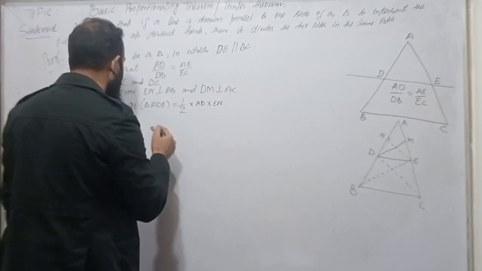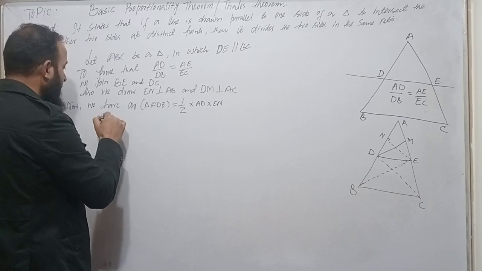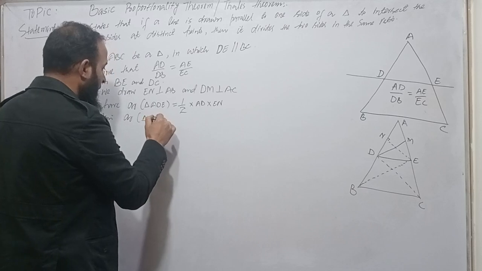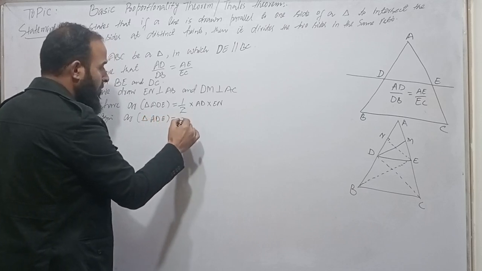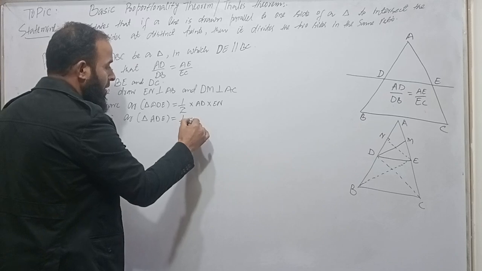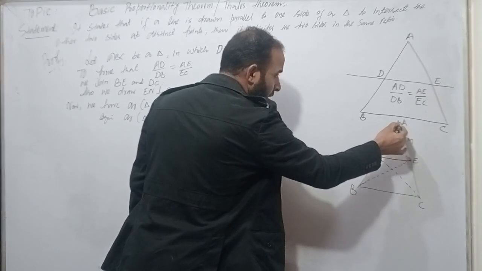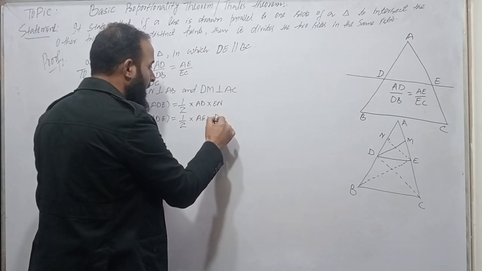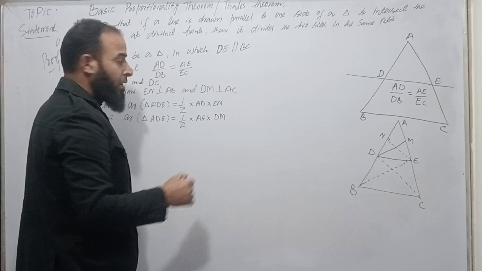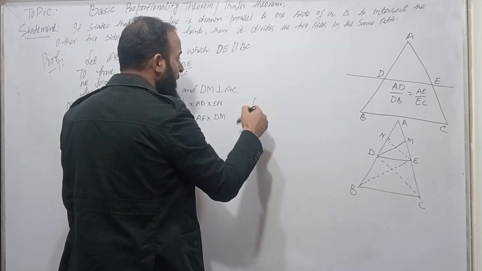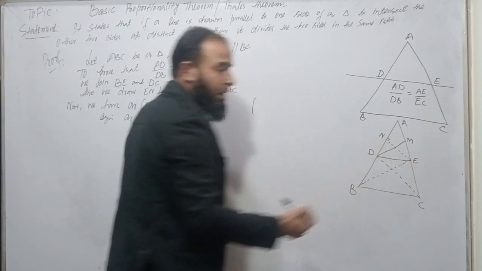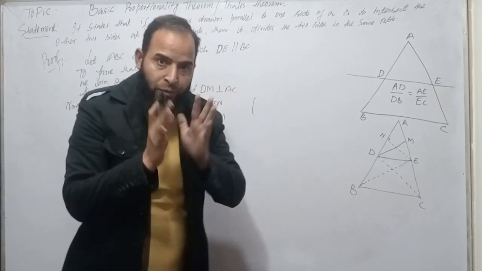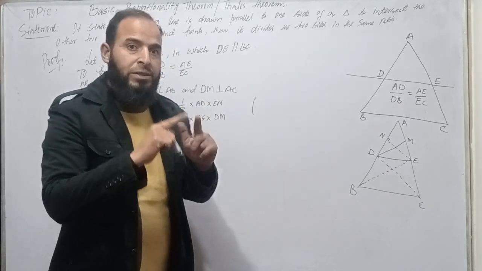And again, area of triangle ADE is equal to what? 1/2 of, when we take AE as base, then DM will be the perpendicular, because area of a triangle is equal to 1/2 of base into height.